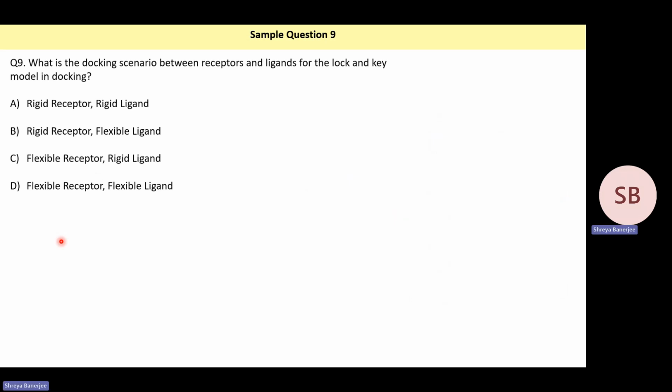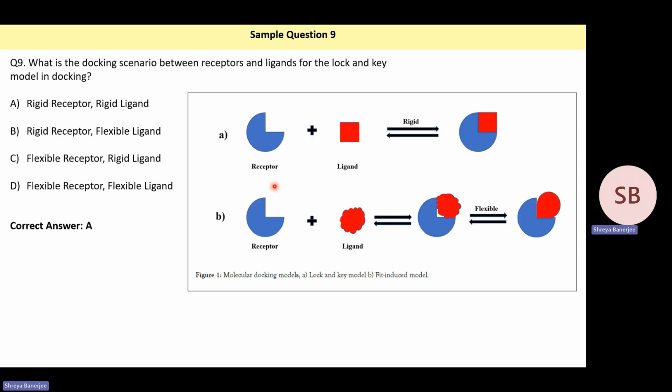Question 9 is asking, what is the docking scenario between receptors and ligands for the lock and key model in docking? So if you remember, the lock and key model, basically you have the receptor and ligand, and both are rigid.